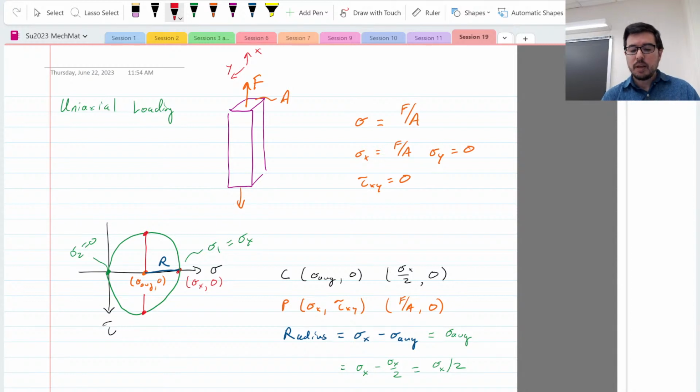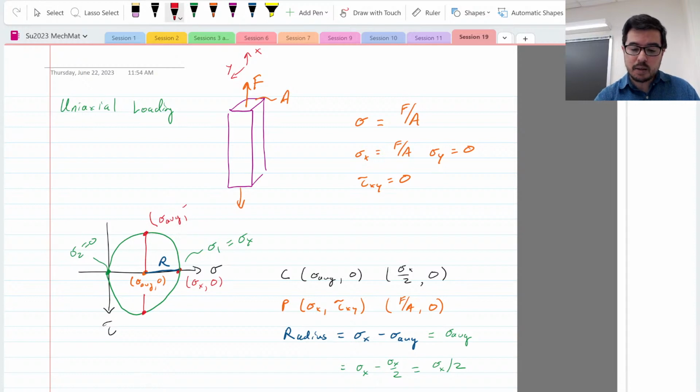In this scenario, what do we get? Our maximum in-plane shear stress is going to be sigma average for the x component, comma, we need a shear stress.